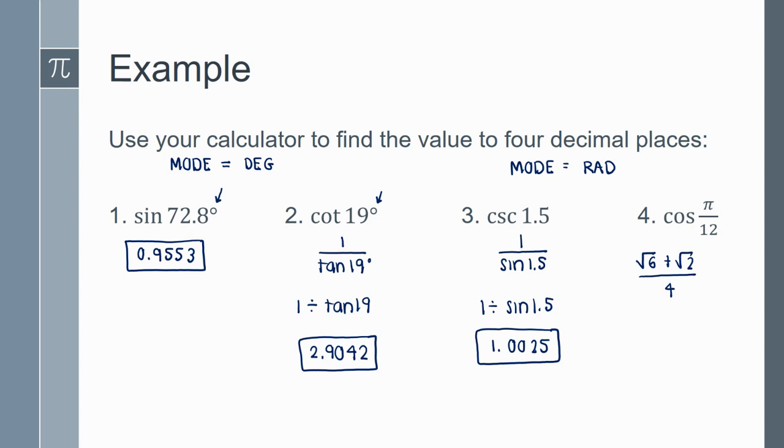So if you hit the button right above enter where it has the 2 arrows, then it'll convert it into decimals for us. Some calculators might already spit out the decimal, which is 0.9659. So it's going to be crucial that we can switch very easily back and forth between degree and radian mode.